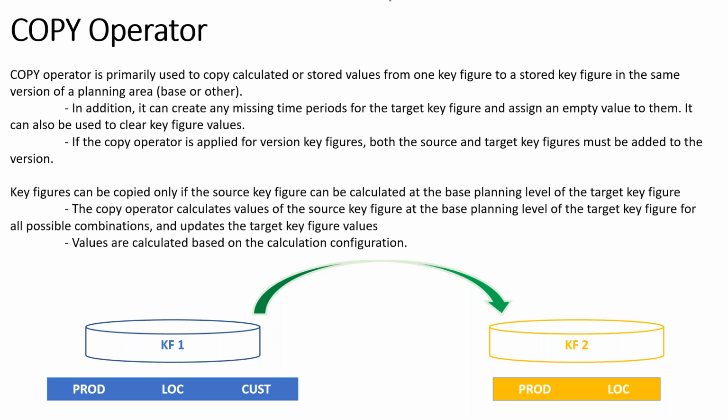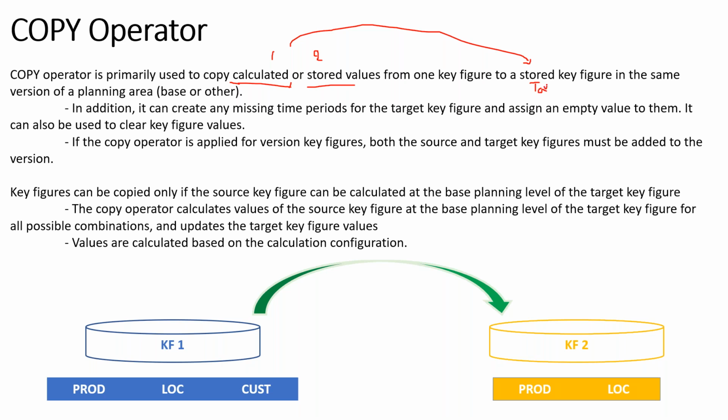The source key figure could be a calculated one or a stored one. Usually it would be calculated, since we obviously want to copy the calculated values. It would be copied into a stored key figure only.